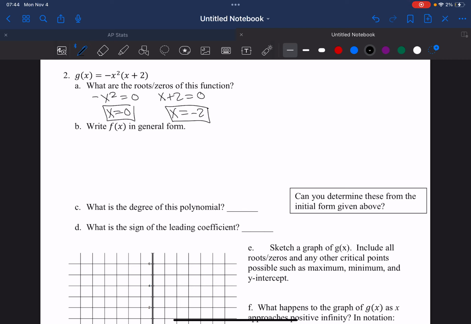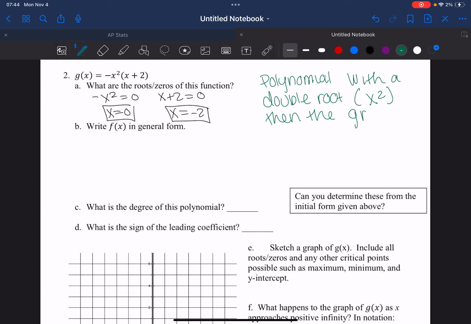Off to the side, I'm going to write a little note. If we have a polynomial with a double root, like x squared, then the graph is going to bounce off that number.